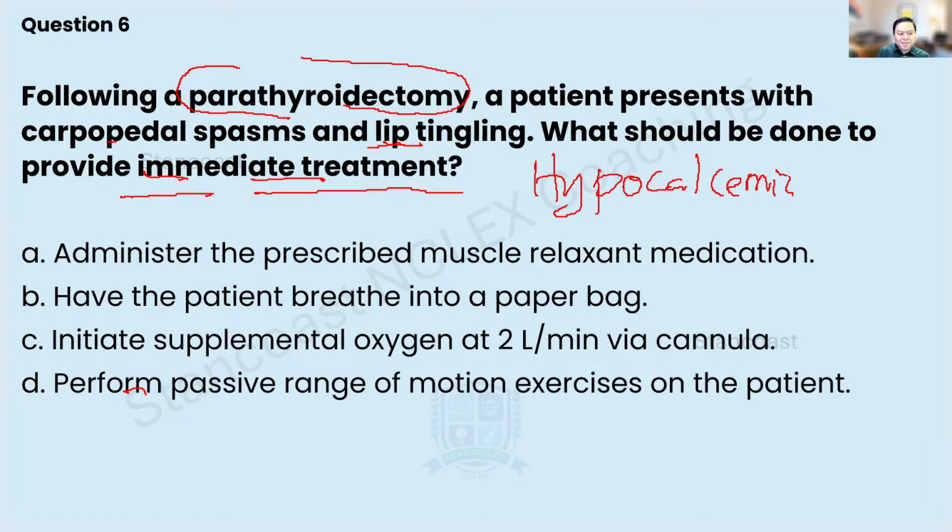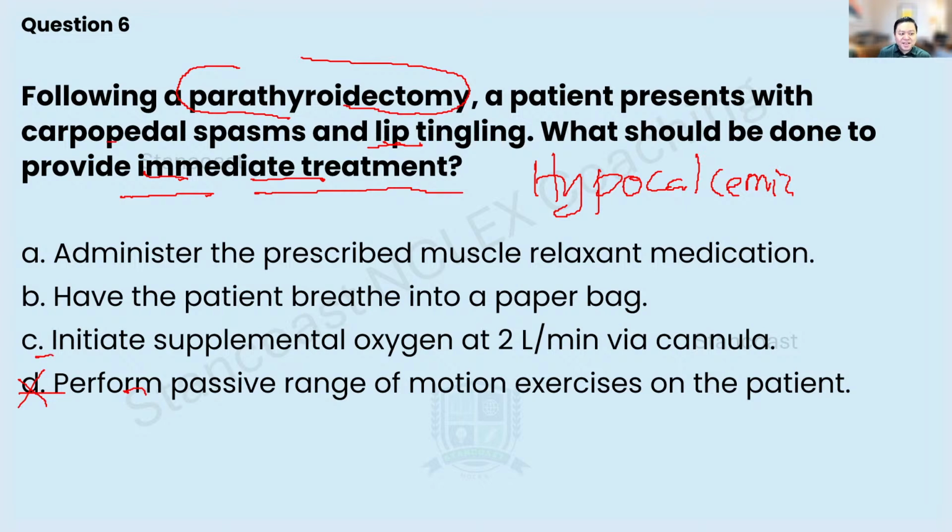If you answered letter D, perform passive range of motion exercises on the patient, the passive range of motion exercise will not really impact the calcium levels. It's not an initial treatment for this patient. It will not affect the calcium level. We are required to do something that would initially treat the patient's hypocalcemia. This will not do that.